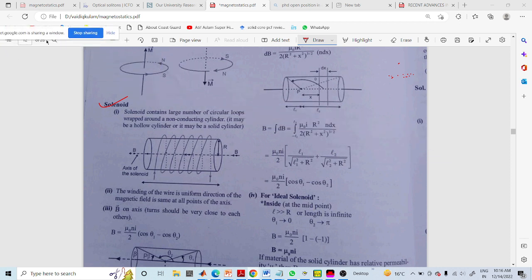So we will discuss the solenoid. A solenoid is a kind of geometry in which many turns of wire exist, something like that. What we had discussed is that we have a loop of n turns. Same thing we have covered in this section, so the same theory will be applied in this solenoid.